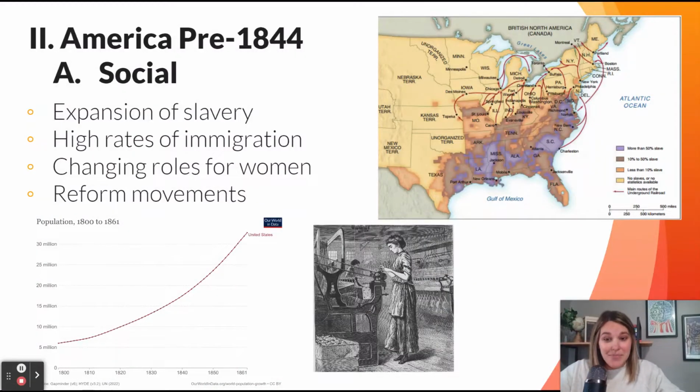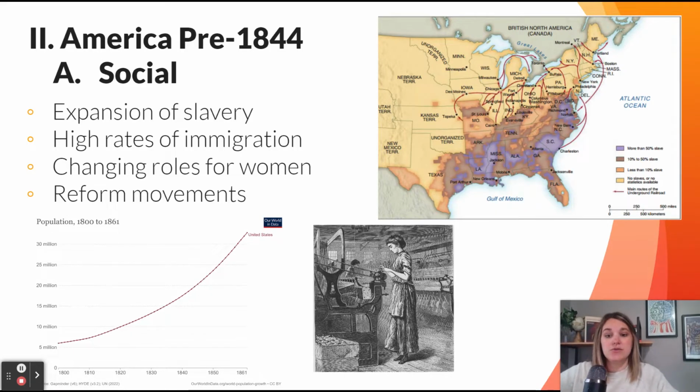So, in America before 1844, the social conditions are that there is a massive expansion of slavery. As the US gains more Western lands, as that migration takes place, there is a stronger desire to expand slavery to the West to continue to engage in commercial agriculture. We have high rates of immigration at this time.